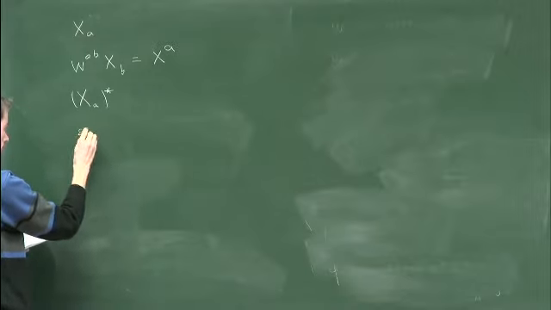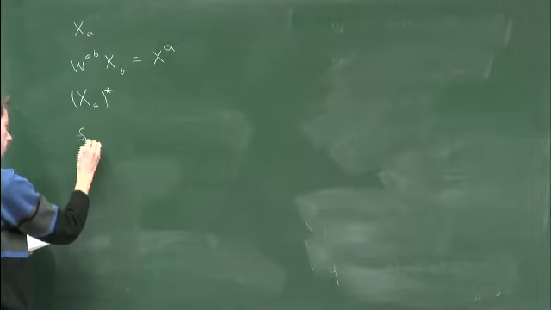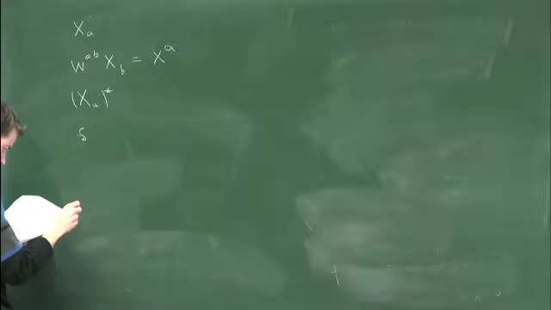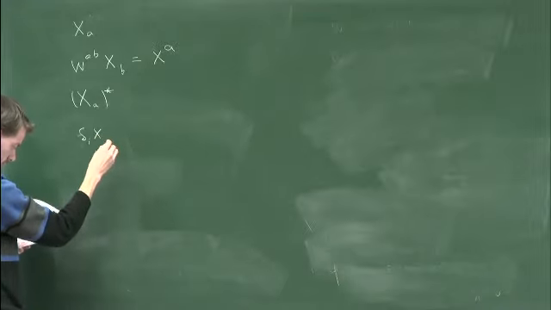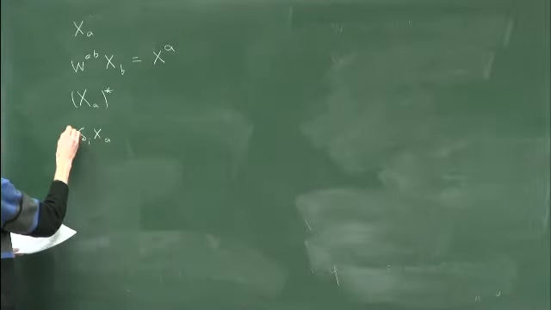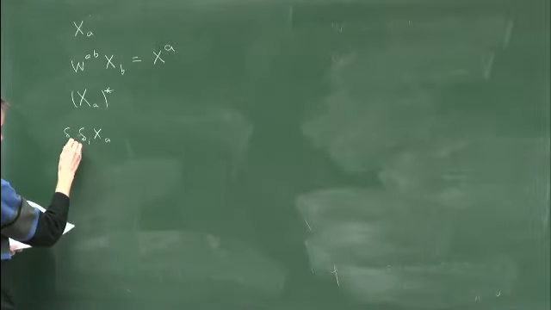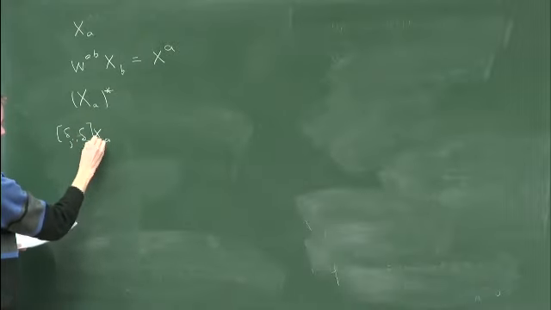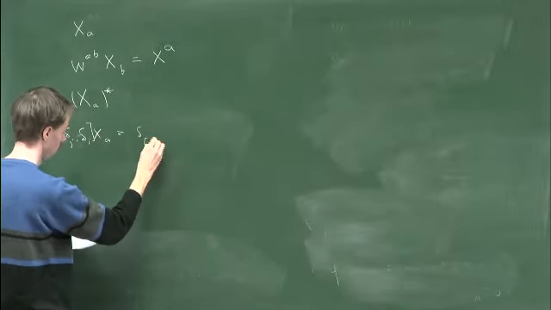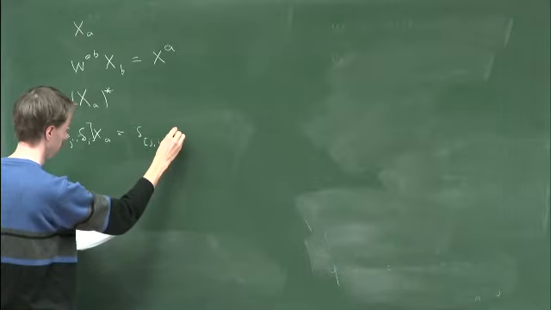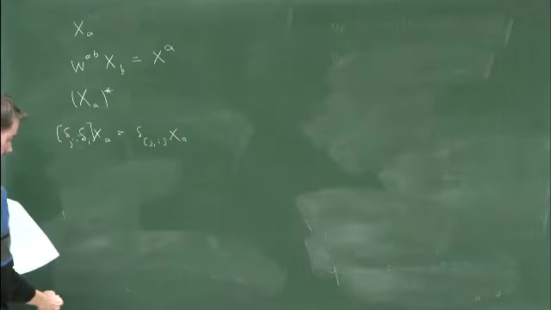Then I would like to consider some symmetry variation delta I xi, and I assume that these variations close among themselves into some algebra.